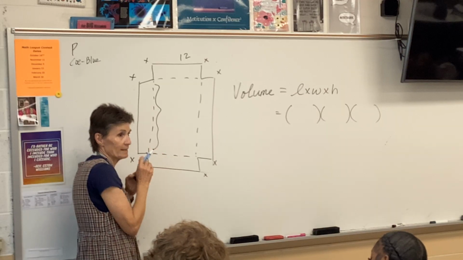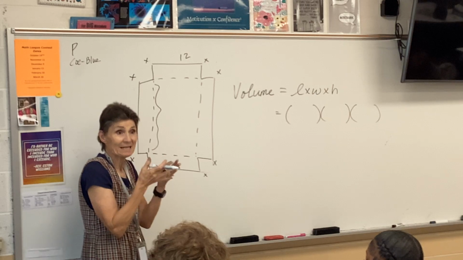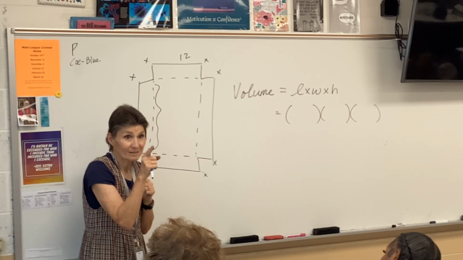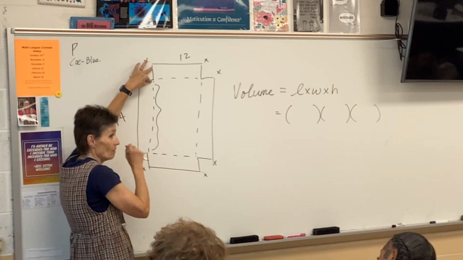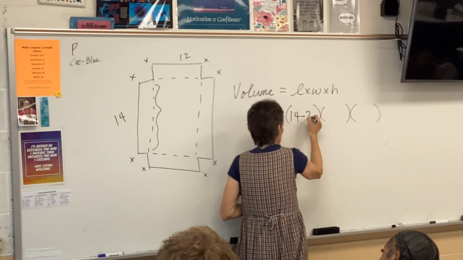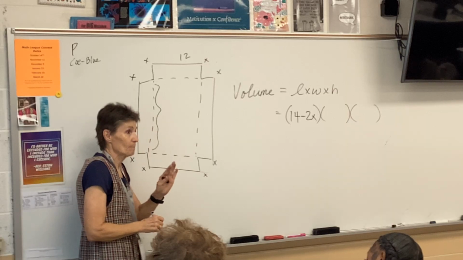So what is it? It's not 14. It's 14 minus something. Not 1x, but 2 x's, because didn't I cut an x off here and then here? So 14 minus 2x. Good. That's our width, or length.